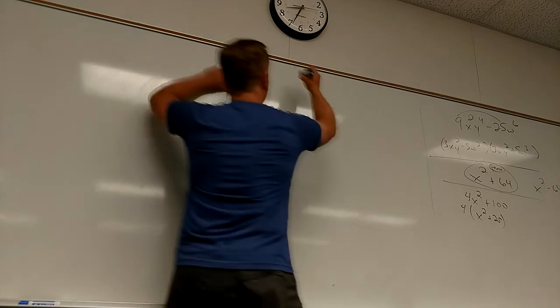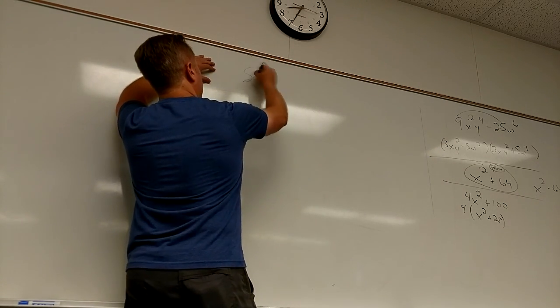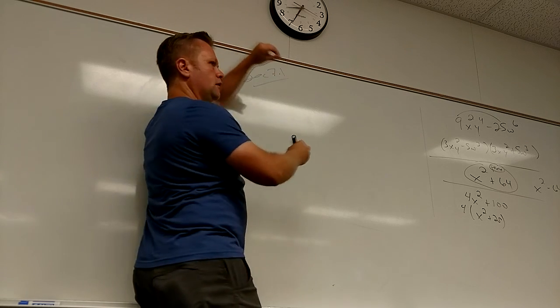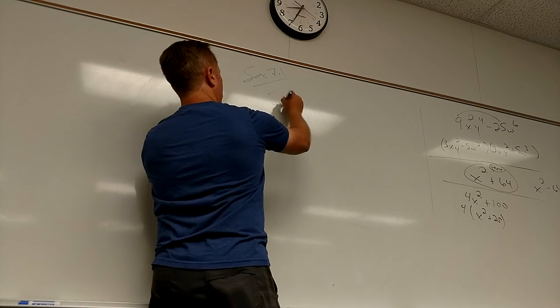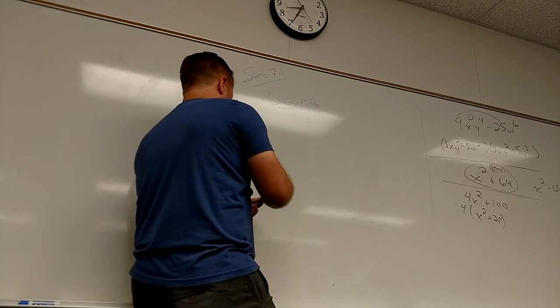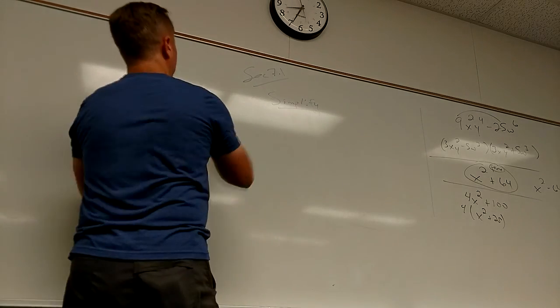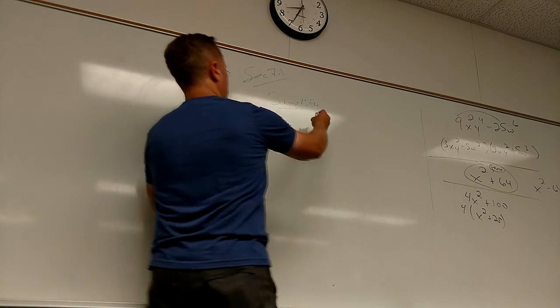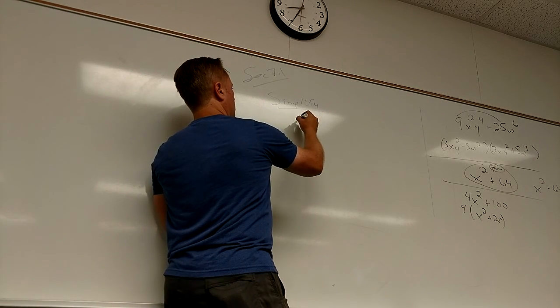So continue with the Chapter 7 stuff, and actually going right off what I just was talking about. How would you simplify this?